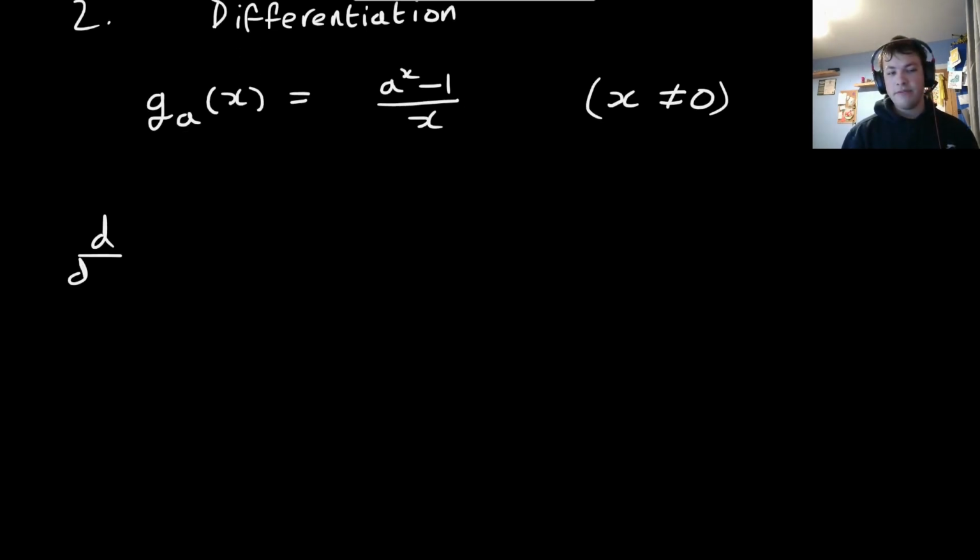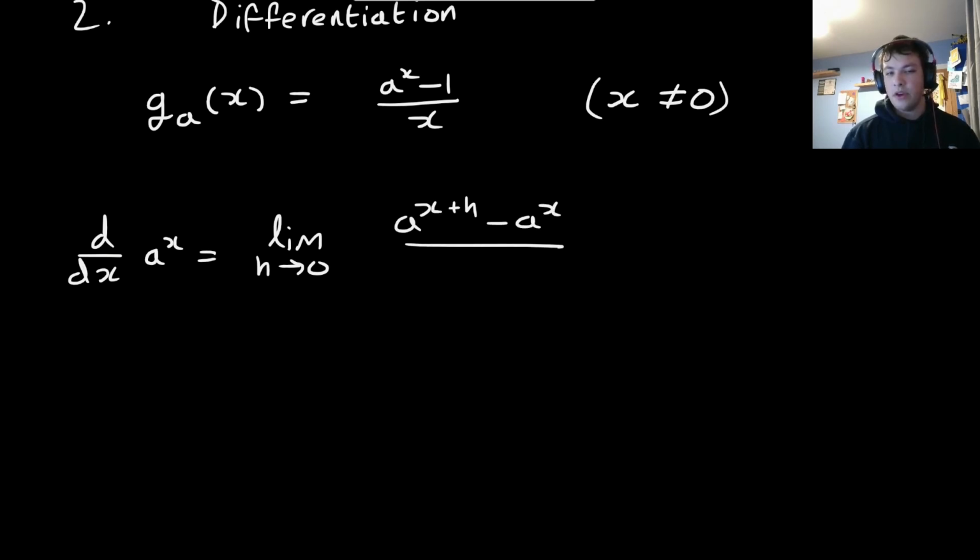Then the derivative of a to the x is the limit as h goes to 0 of a to the x plus h minus a to the x over h, from which we can take out this factor of a to the x. So we get a to the x times the limit as h goes to 0 of a to the h minus 1 over h.